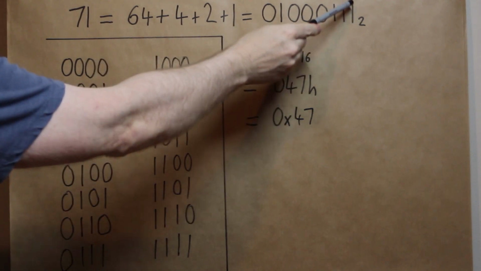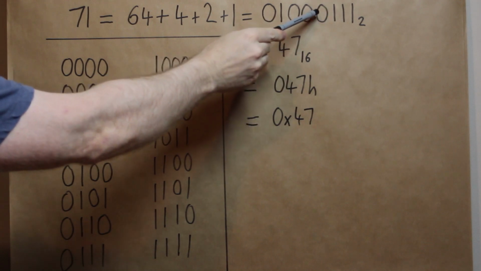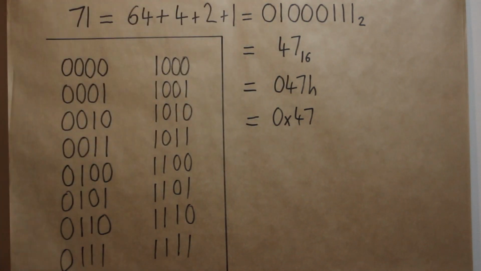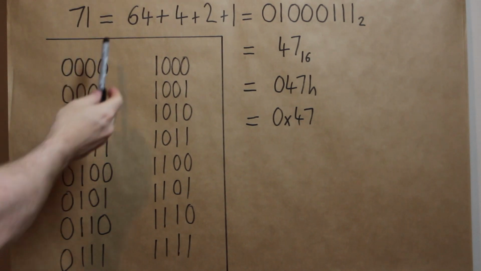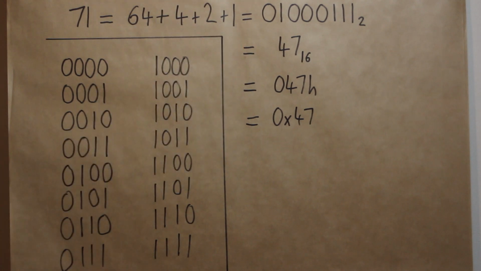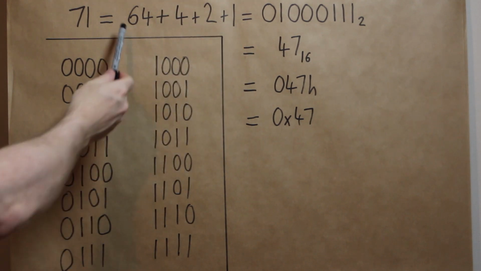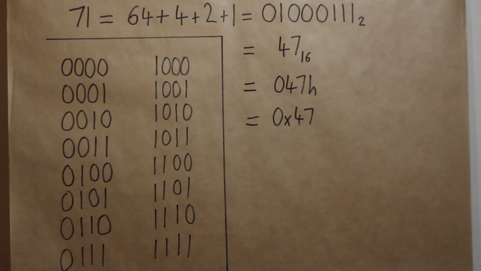So you have the 1s column, the 2s column, the 4s column, 8, 16, 32, 64, 128. And so basically what we have to do is write 71 as a sum of distinct powers of 2. So they all have to be different, and they have to be powers of 2. And there's only one way of doing this. Every number has exactly one way that it can be written in binary.